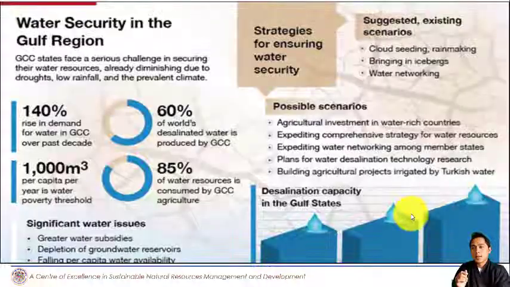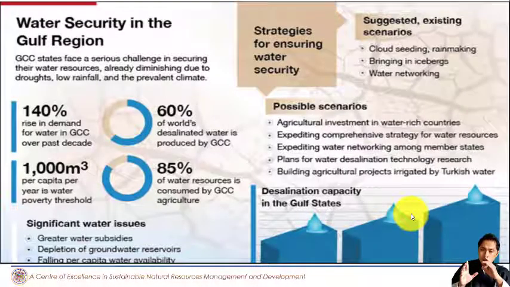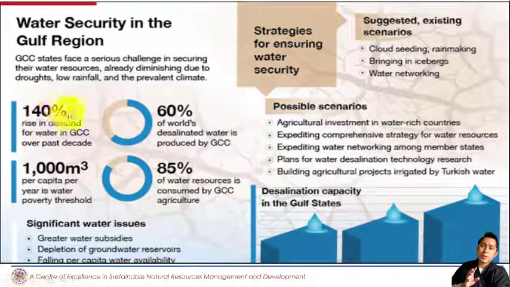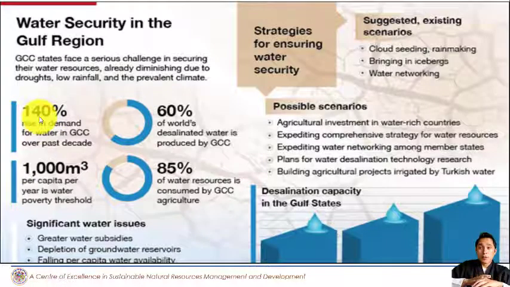That's something we are looking at, demand management mostly. In the Gulf Coast, the second example that I was trying to tell is the Gulf region, or Gulf Coast countries. Surprisingly, there has been 140% growth in demand for water in the past decade.